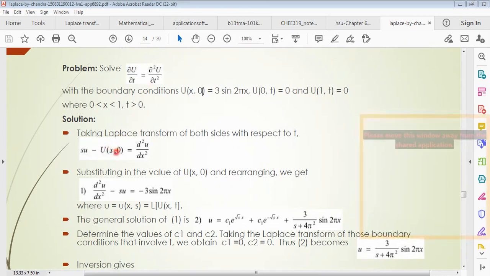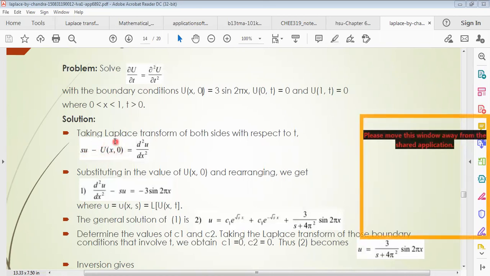You must know here t is non-zero. Using the differentiation properties of the Laplace transform, this can be written as d squared u by dx squared.